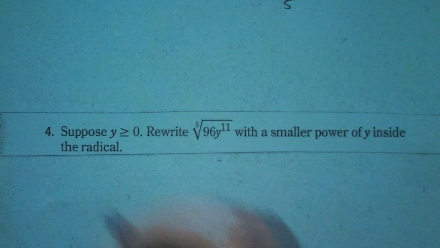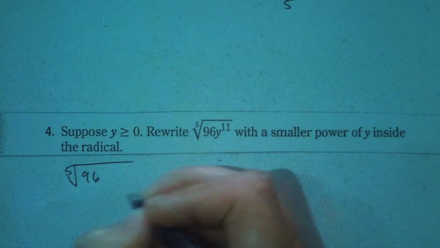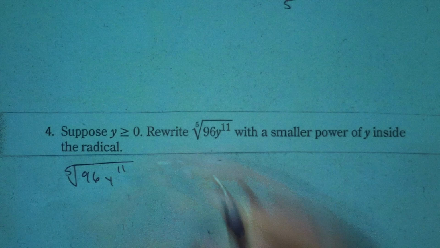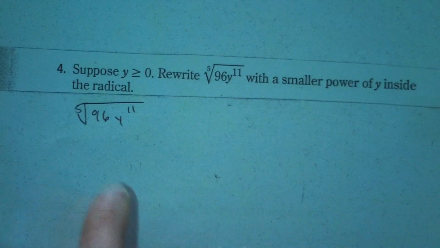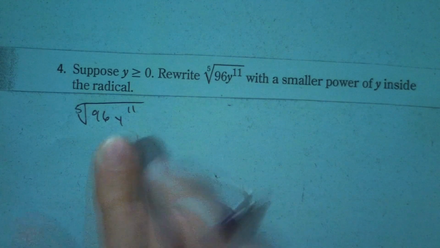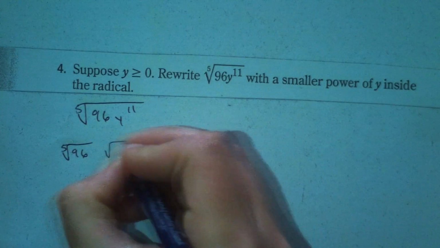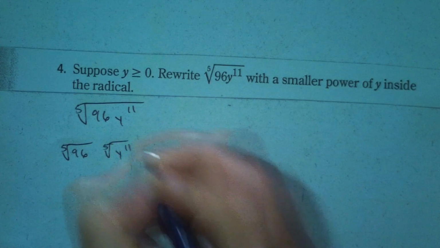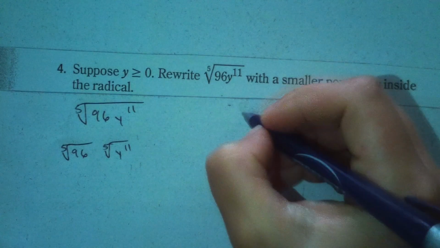We just want to leave that under our radical, kind of like what we had to do here. So this front part's just going to stay the same. We can break this separately here, and we can think of it as the 5th root of y to the 10th and the 5th root of y to the 1st, or just the y under there. And this one can break down further because it would be the same as y to the 10 over 5, which we know is the same as y to the 2nd.